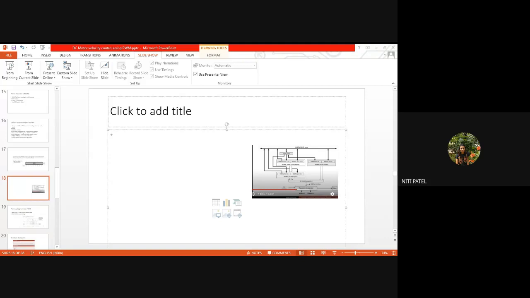Now we will decide the pulse width modulation initialization by using this timer 5 function. We will be using all the registers and we will be setting the values to that register. Using which mode? Fast mode.